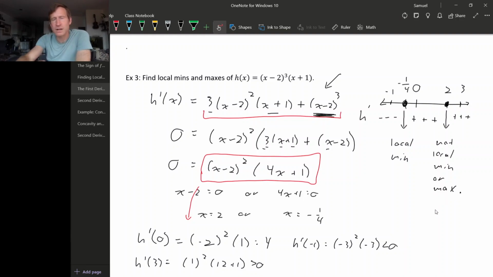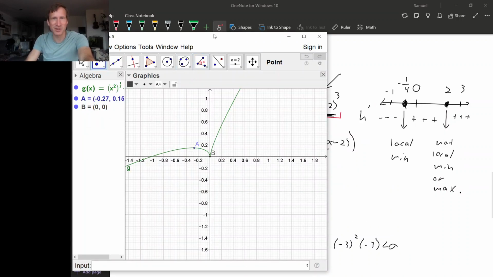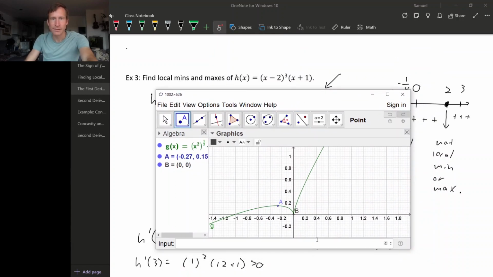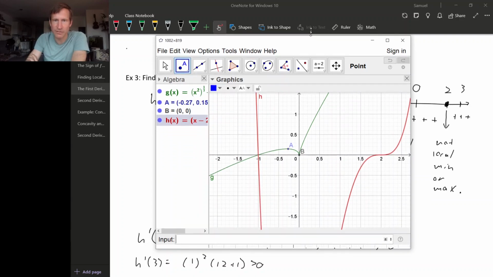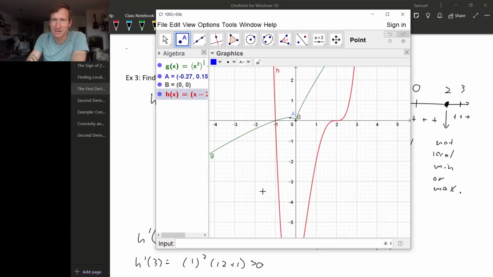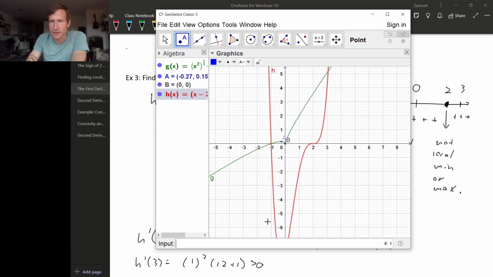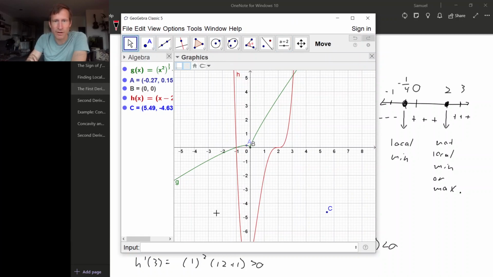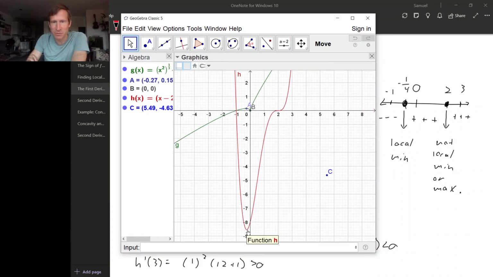Okay. To see what that looks like on a graph, let's actually graph this function just to understand what exactly is going on here. So h of x is x minus 2 to the third power times x plus 1. All right, so we're looking at the red graph now. At x equals minus a quarter, there's our local minimum that we were expecting.